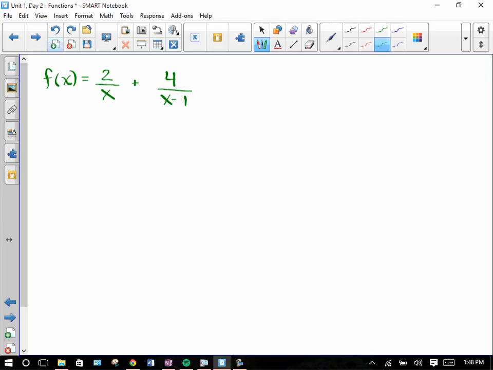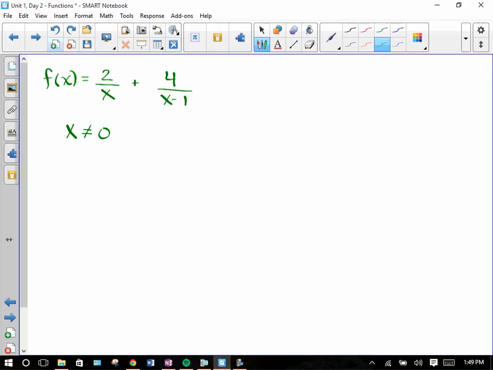How many of them? 2 of them. So this denominator cannot equal what? 0. So someone tell me what cannot equal 0. So what is it? X. Oh wait, so we're done with that one. X can't equal 0. We didn't have to do any math there. We just write down something that halfway gives an answer.